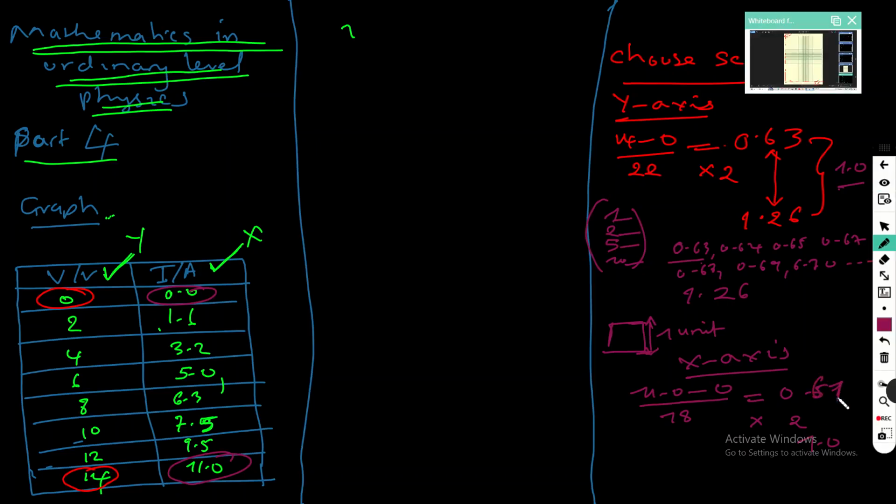So 0.61. Multiplied by 2, I'll have 1.21. Now, between 0.61 and 1.21, which value falls between them that is a multiple of 1, 2, 5, and 10?